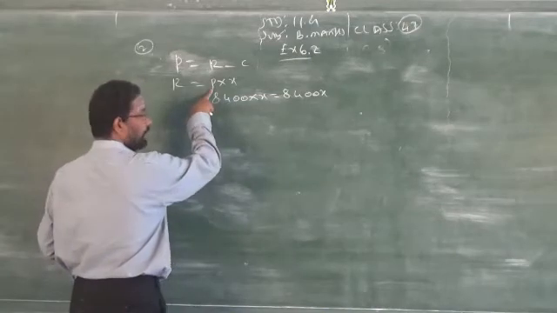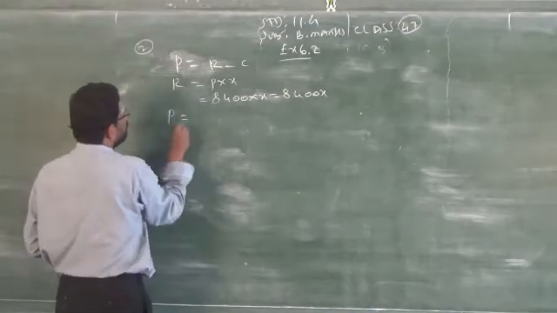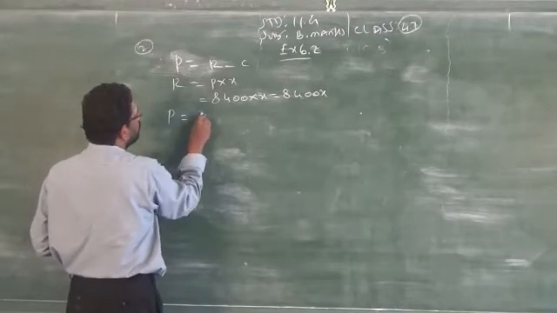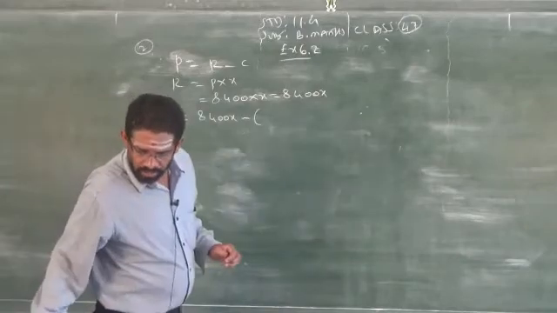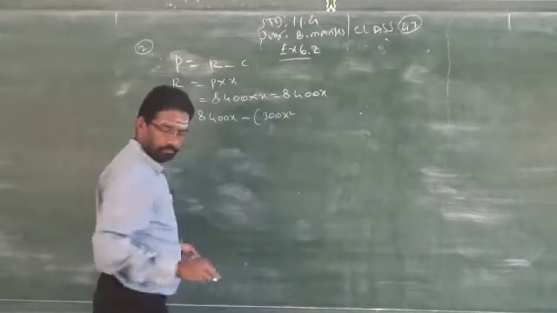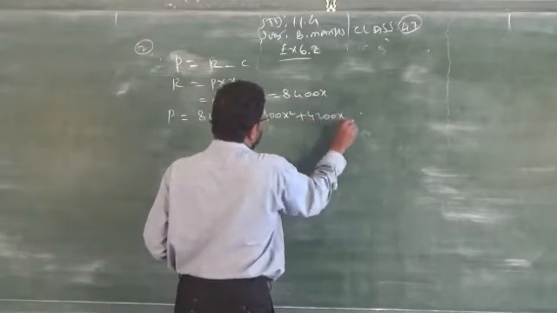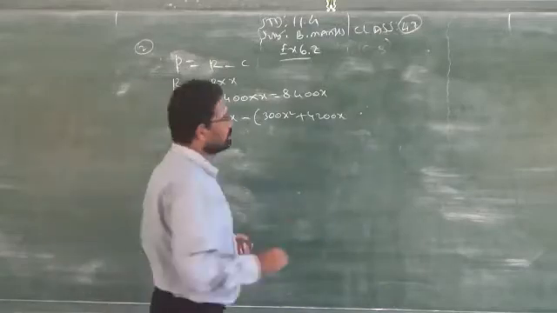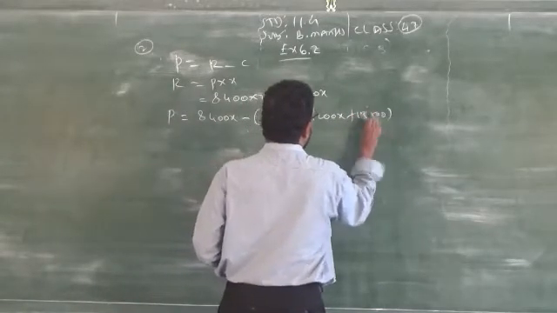This is a formula I told already. P stands for price. So now you have to find out profit, that is revenue 8,400 X minus cost. What is the cost function given there? 300 X square plus 4,200 X plus 13,500.